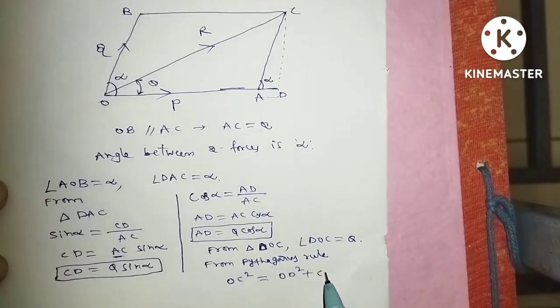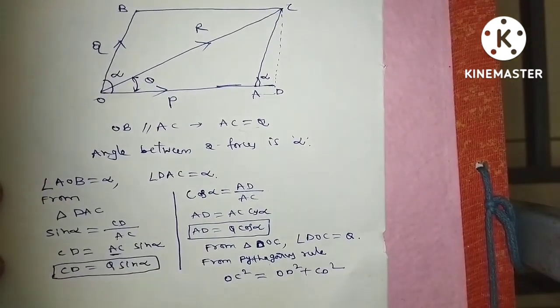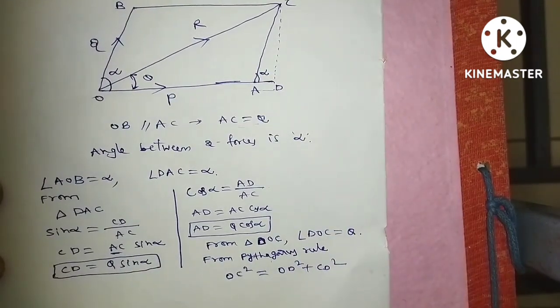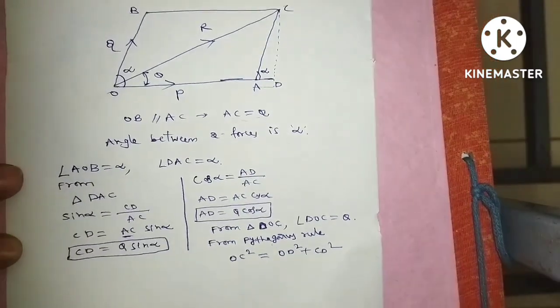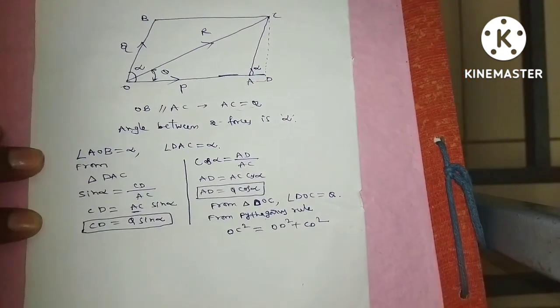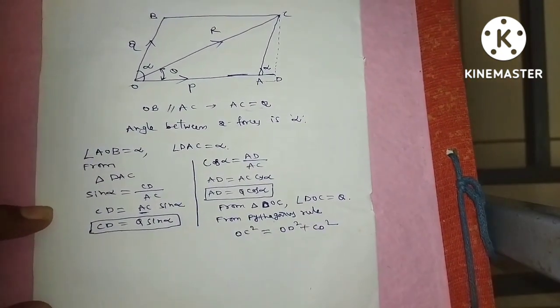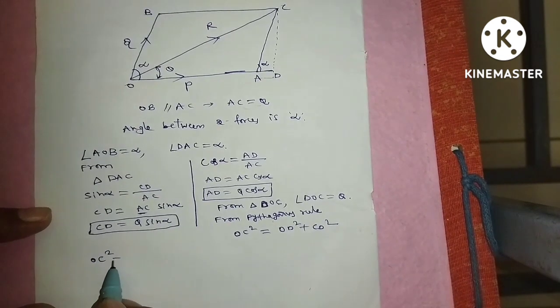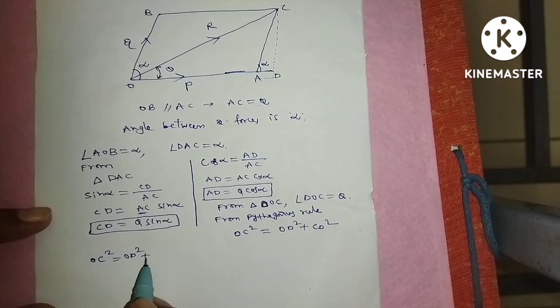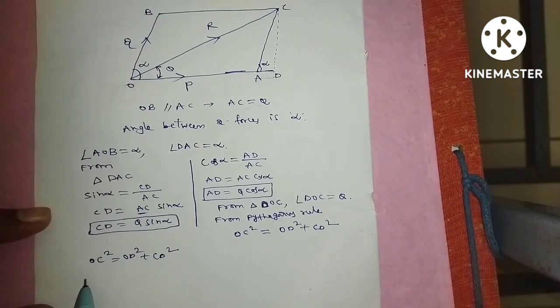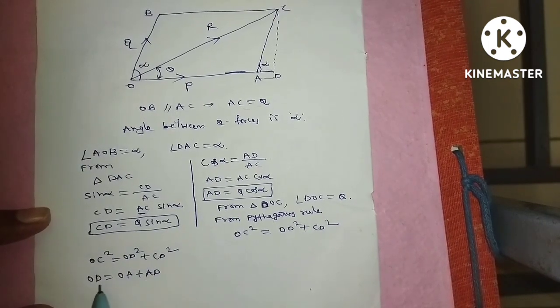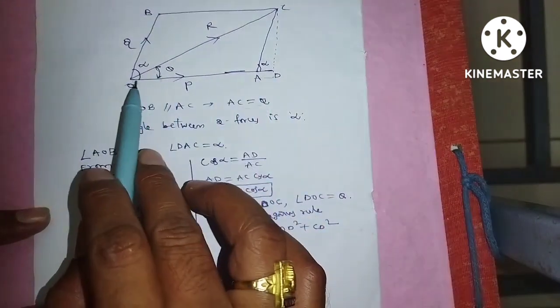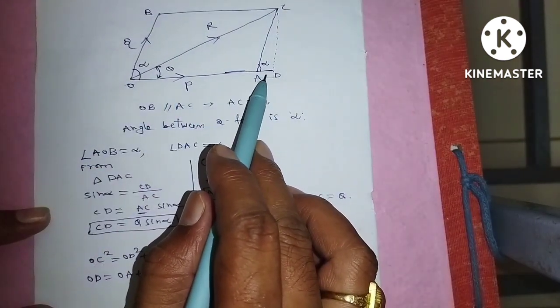OC is the diagonal, the resultant R, and OD you can write as OA plus AD. CD is equal to AC sin alpha, which is Q sin alpha.